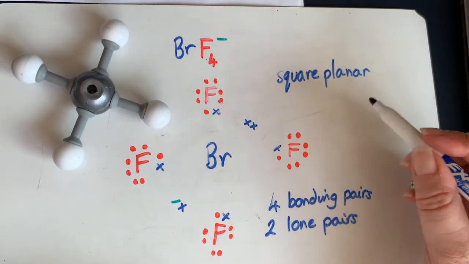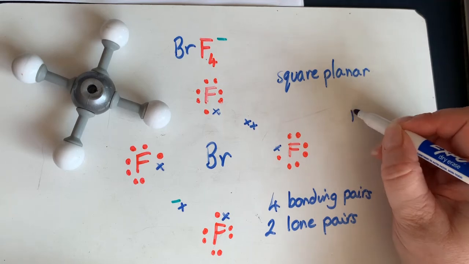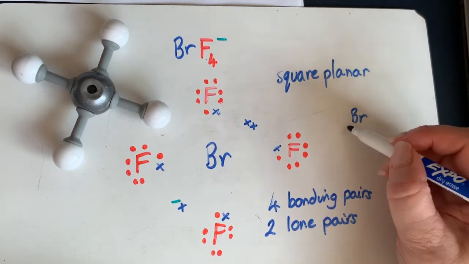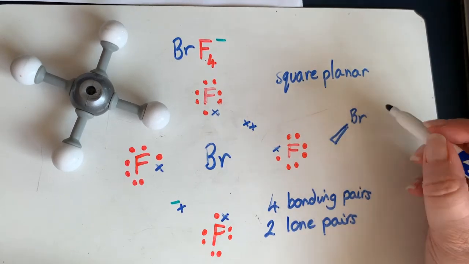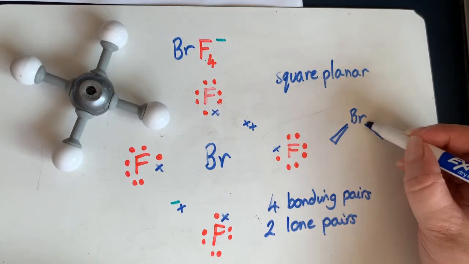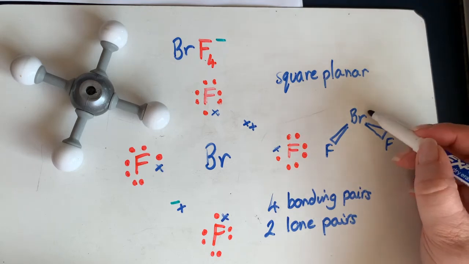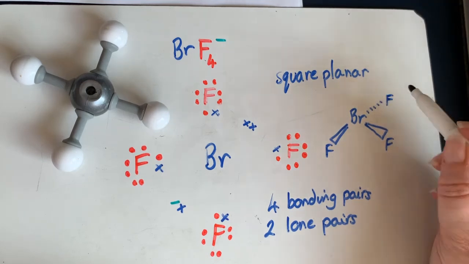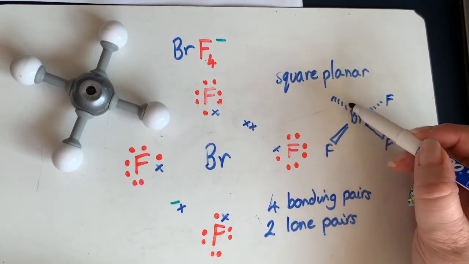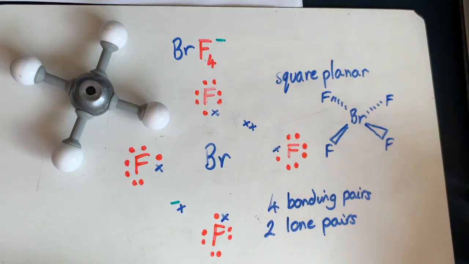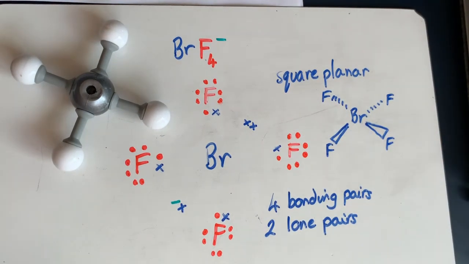And how we would normally draw that would be the bromine, and would show two bonds coming out towards us with our fluorines, and two bonds away from us, and that's us done.